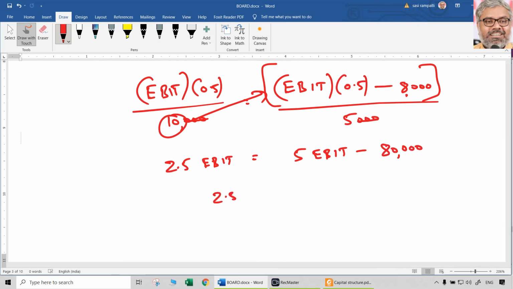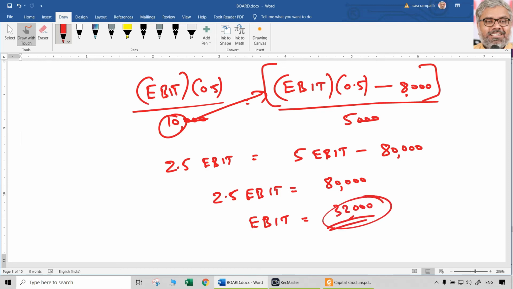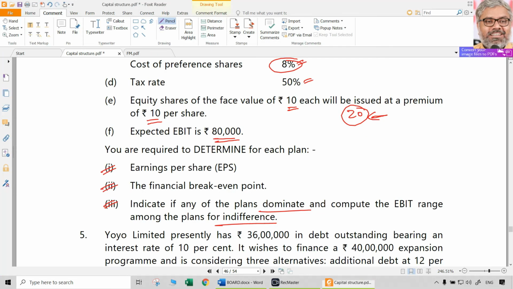So 2.5 EBIT is going to be 80,000. How much is going to be EBIT? Divided by 2.5, 32,000. Means the indifference point between plans A and C is 32,000. So that is one thing asked.